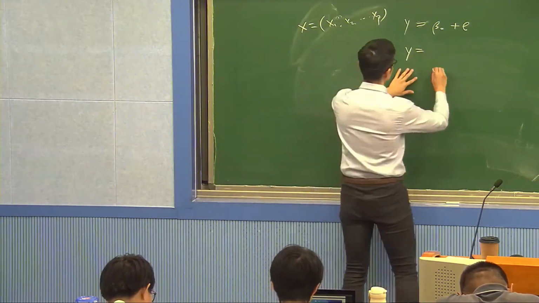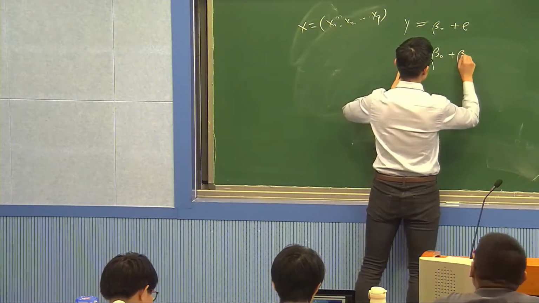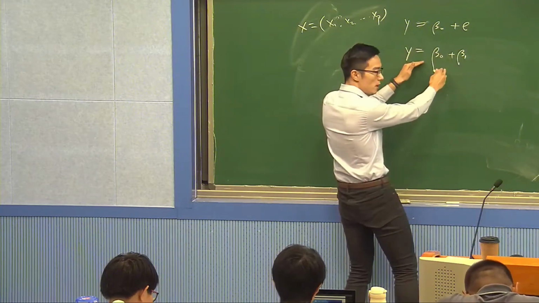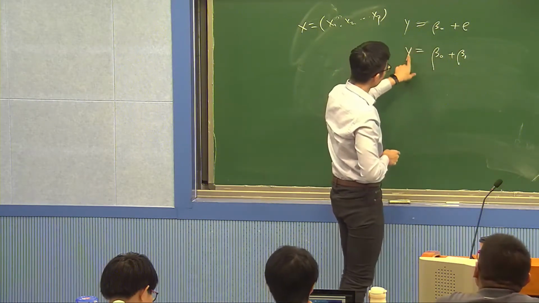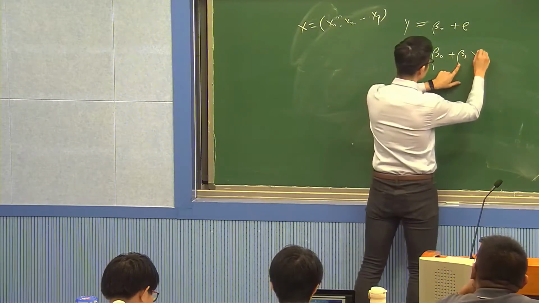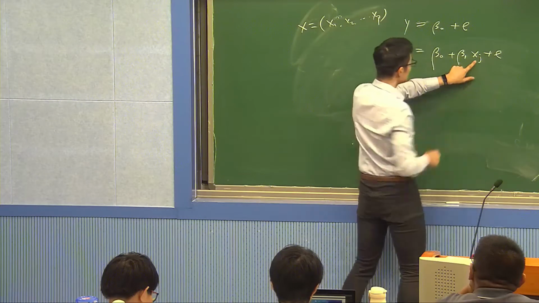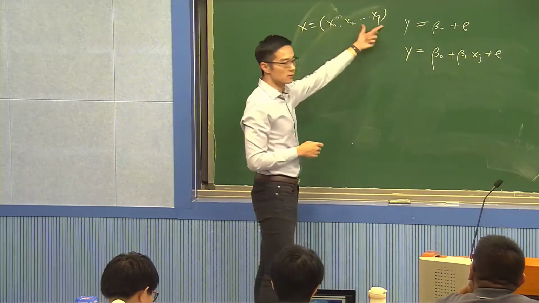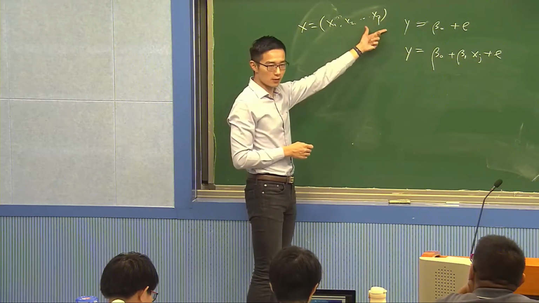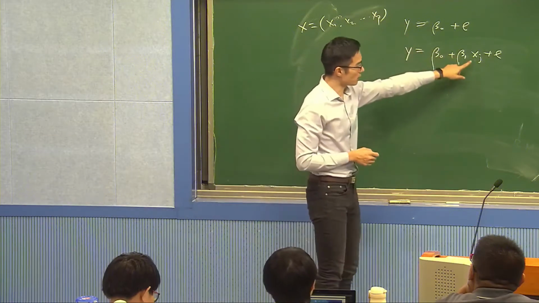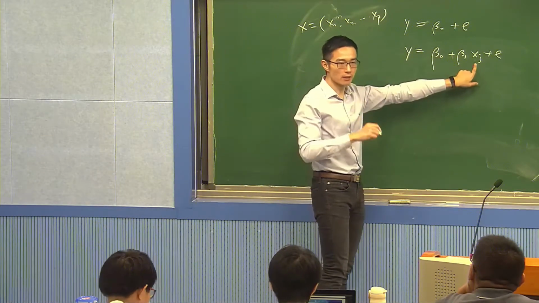So I go from the null model to a model with only 1 variable: y equals beta 0 plus beta 1 xj plus e, where this xj is picked from all the available variables. But which xj should I put in? I'm going to pick the one that gives me the highest R squared.